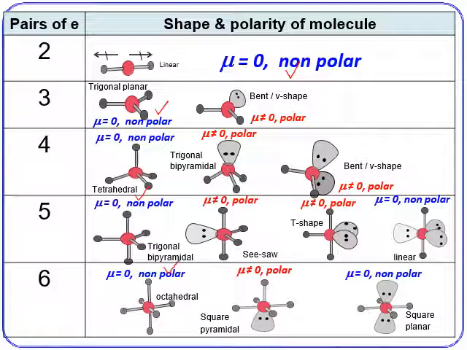Tetrahedral, trigonal bipyramidal, octahedral, and besides the 5 basic shapes, do remember that square planar is also non-polar, because all these shapes are considered symmetry. Again and again, besides the shape, we have to consider the terminal atoms. We have to make sure all the terminal atoms are similar.